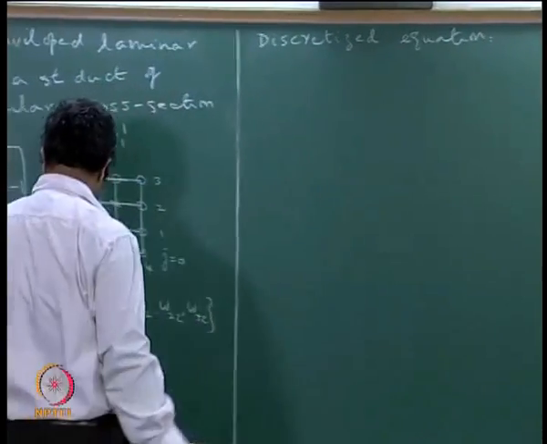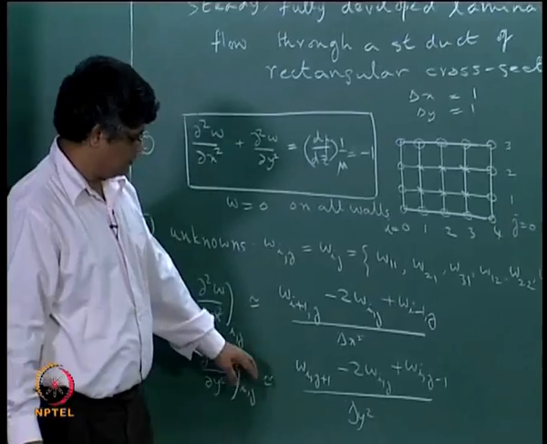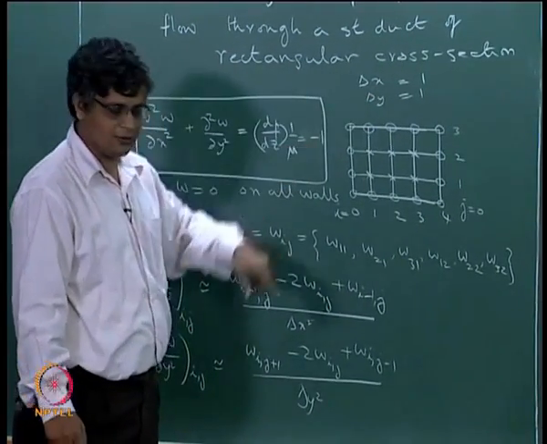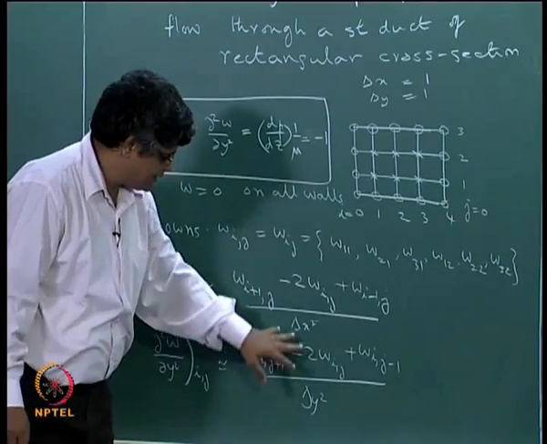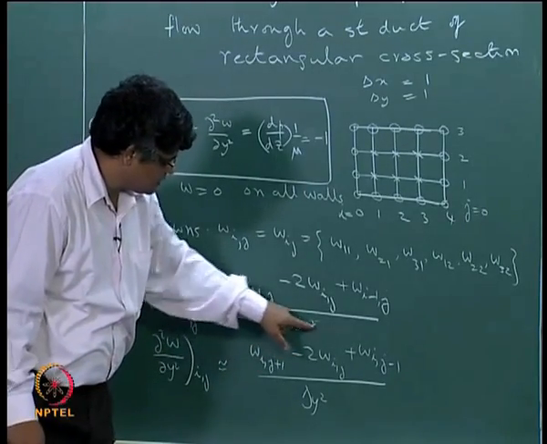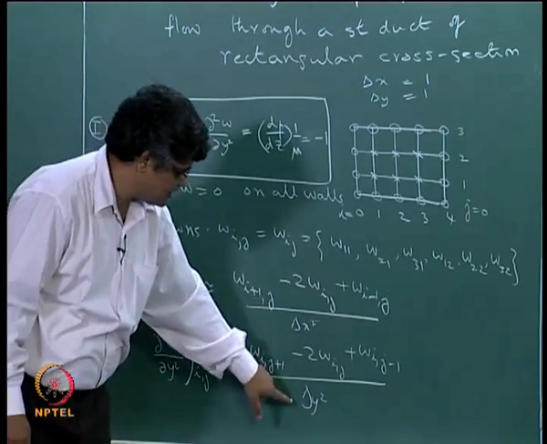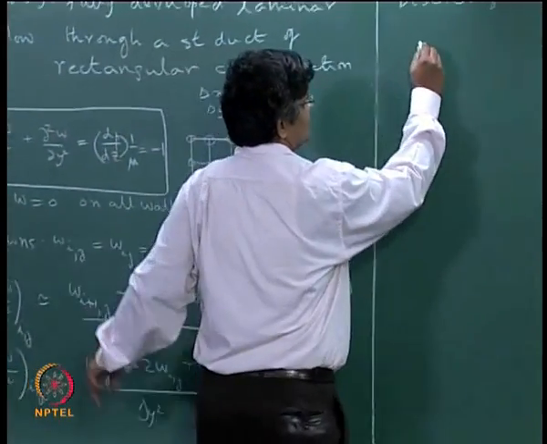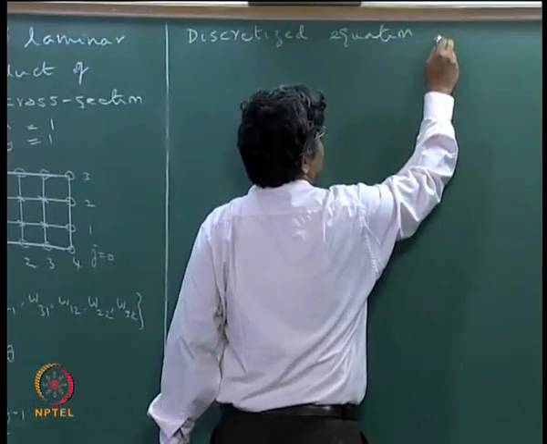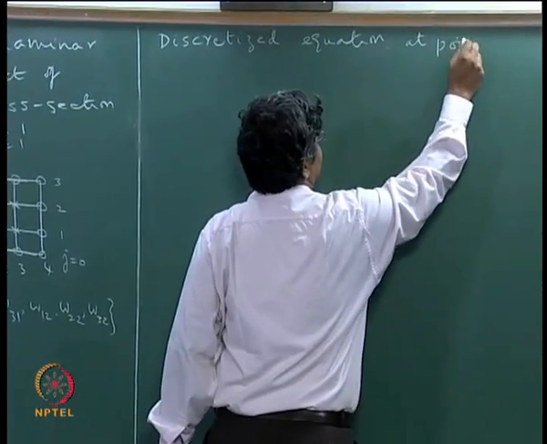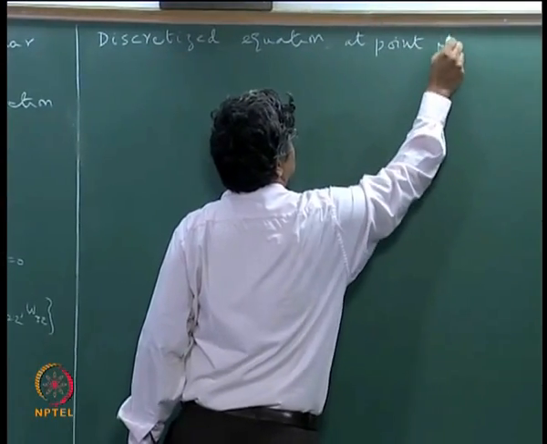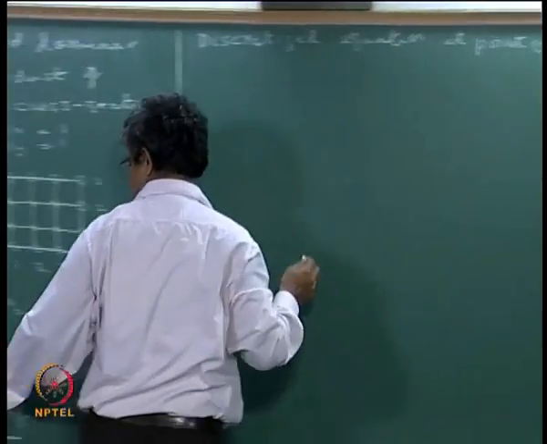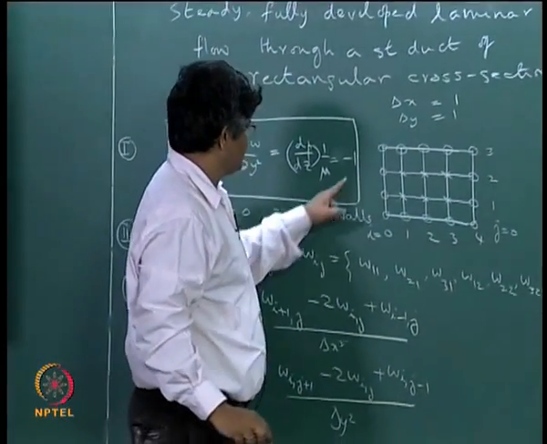We can also take note of the fact that Δx is equal to 1 and Δy is equal to 1. So the denominator is equal to 1 here and it is also equal to 1 here. So we can directly substitute, and the discretized equation at point (i, j) is given by this plus this equal to -1.